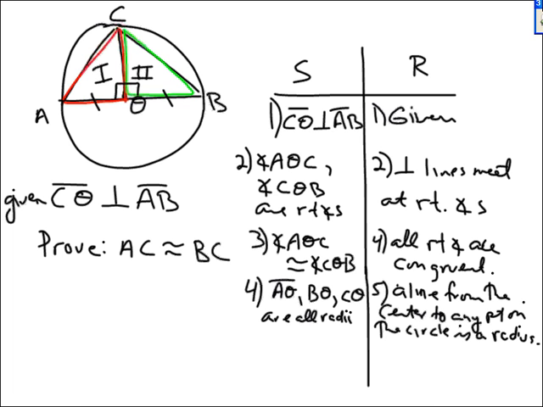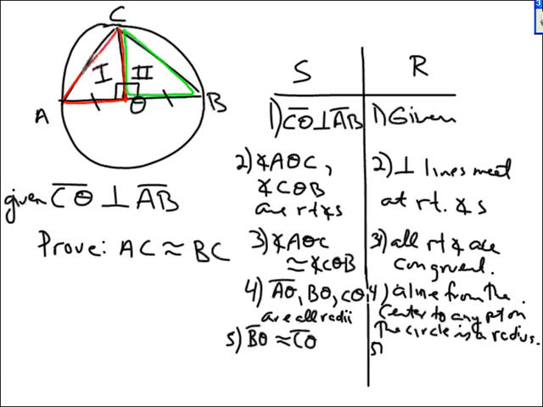So now in statement 5, I'm going to say that BO is congruent to CO. And there's something wrong here just with the silly numbering. Sorry.